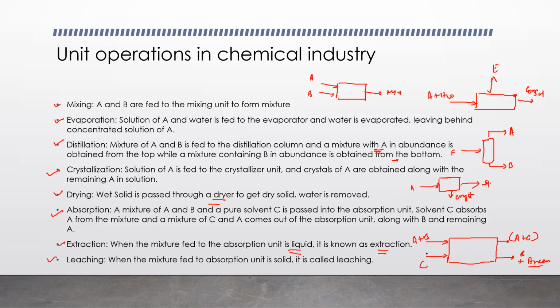That's done, for example, in the carbon dioxide manufacture process. There, carbon dioxide is absorbed from the flue gases, and the rest of the flue gases are removed, and then the carbon dioxide is separated. So this is one of the units that is used over there.